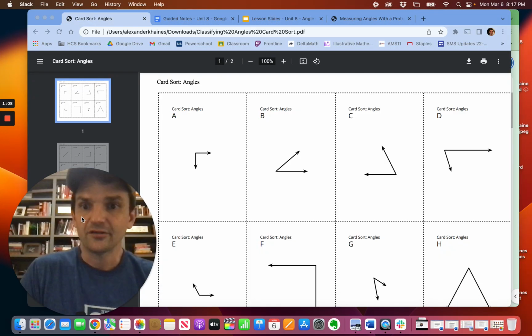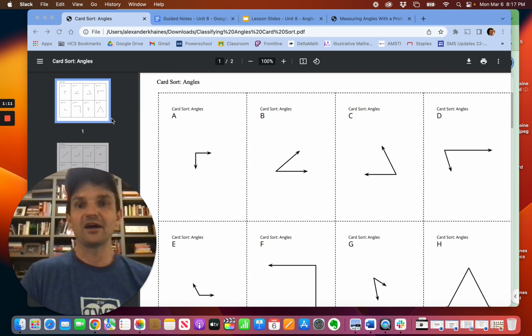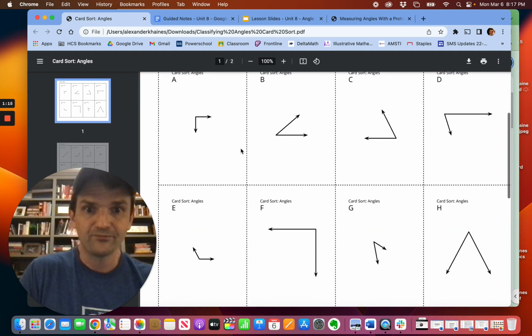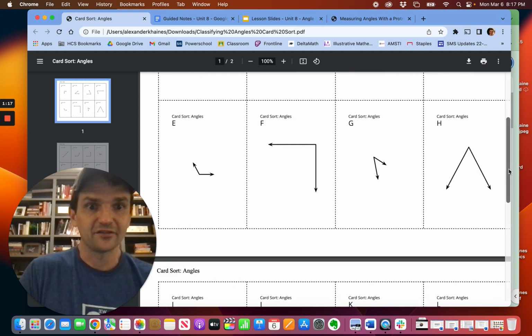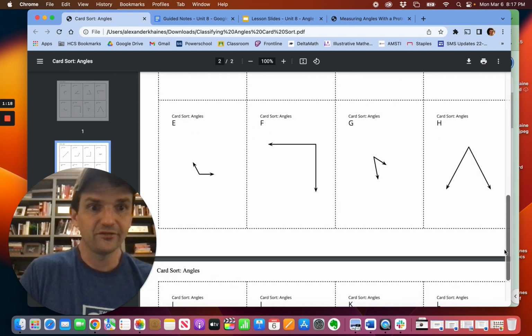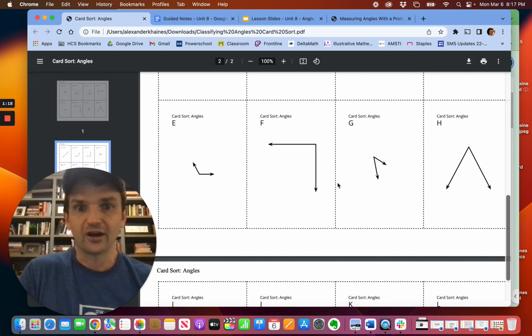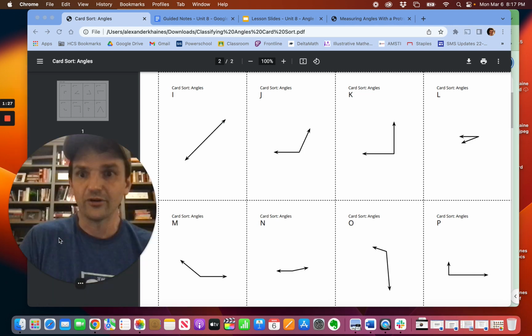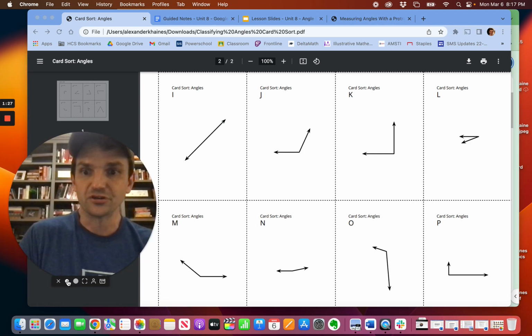All right. So the first thing I did as a warm up is I got this card sort, which has 16 different angles. I believe I got this from Illustrative Mathematics, which has all sorts of excellent tasks for teachers in middle school.